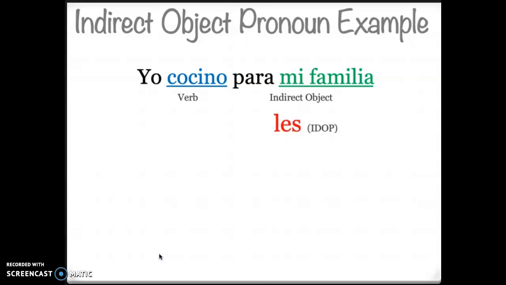The indirect object pronoun for mi familia is les. Right? Mi familia is a plural because you're talking about them. If we were to rewrite this sentence using the indirect object pronoun, we would say yo les cocino. Right? I cook for them. Okay. Les is the indirect object pronoun.